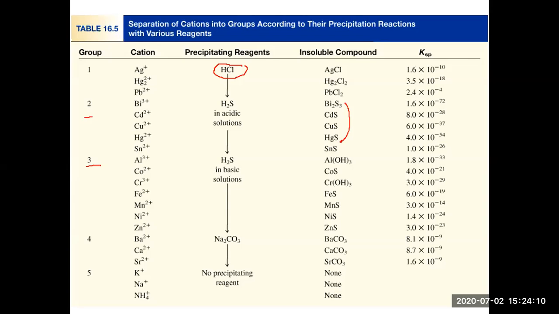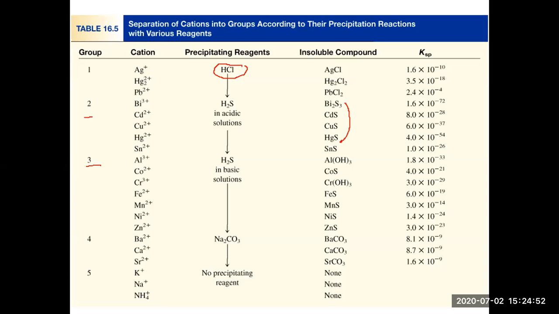Although we're using the same precipitating reagent for group 2 and group 3, we can successfully keep them separated by controlling the pH. Like we saw in those problems we did earlier, the pH will allow those group 3 ions, especially when you make it really acidic, to remain in solution, while the group 2 ions come out as solids. Then once you've finished with group 2, you can make it basic and add some H2S, and those group 3 ions will come out.